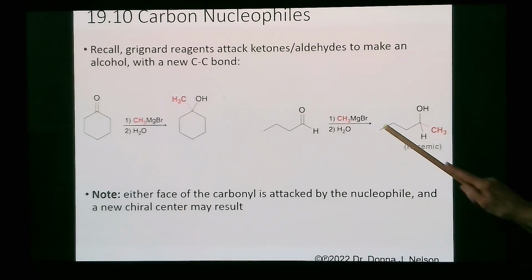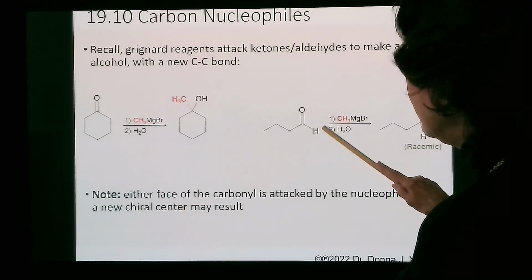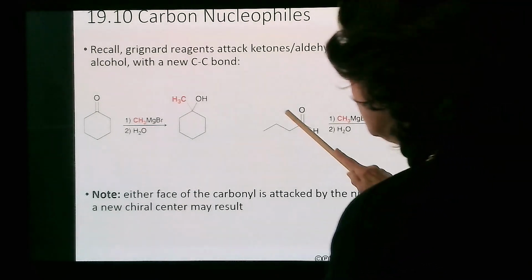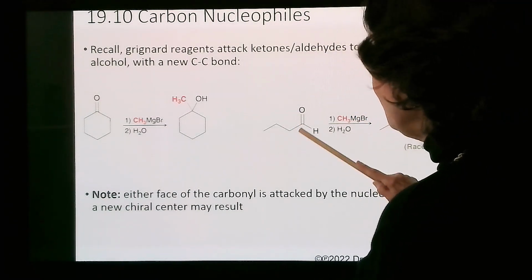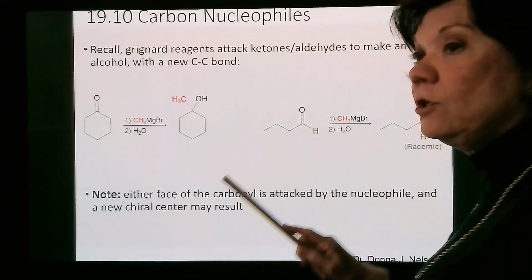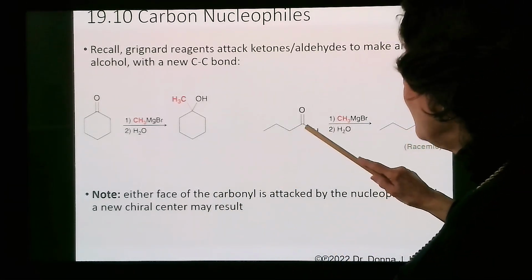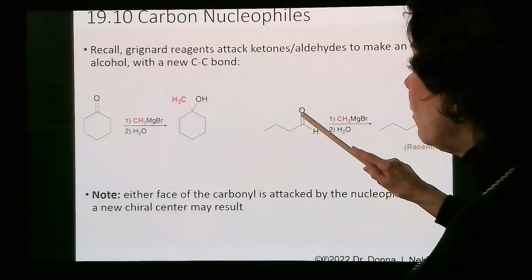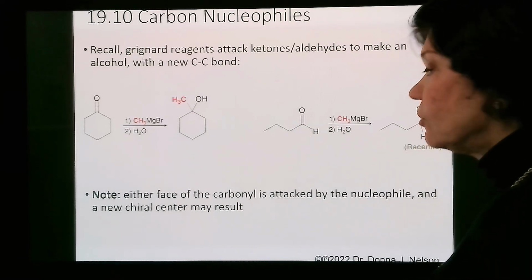But this is going to be racemic because the methyl anion can attack from this side or the back side. Now remember, the antibonding orbital is going to have 2 lobes. They're going to both be down here. One will be coming out at you. The other one will be going back behind the plane of the screen.